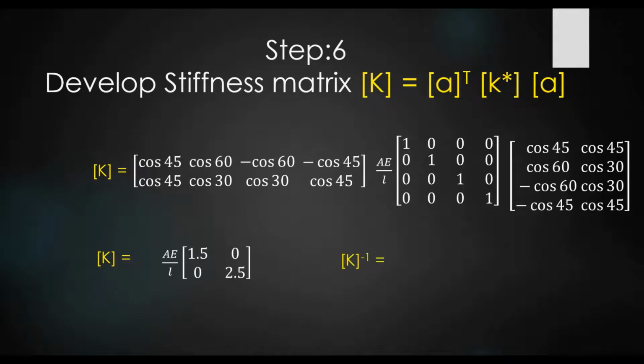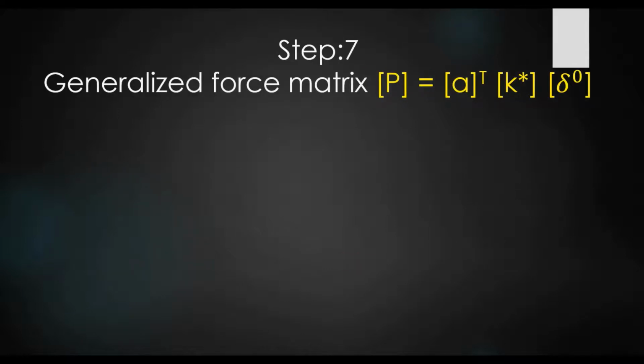So this is the stiffness matrix of the structure, and we are going to find K inverse also, because K inverse is used in some other steps. Here by using a calculator you can easily find K inverse, that is L by AE into 0.667, 0, 0 and 0.4.